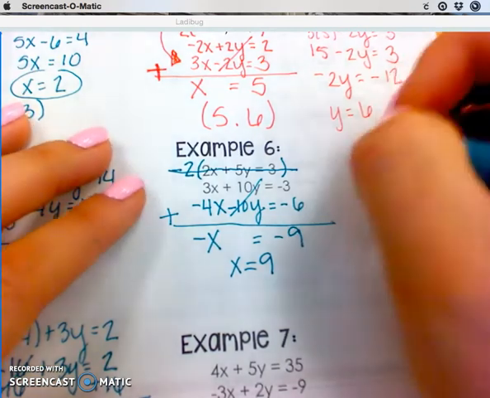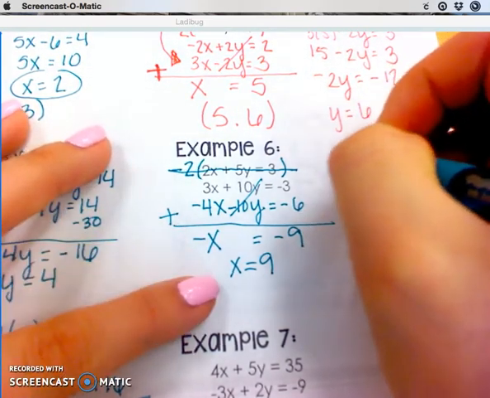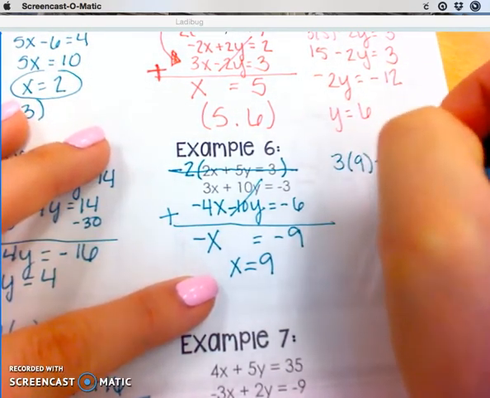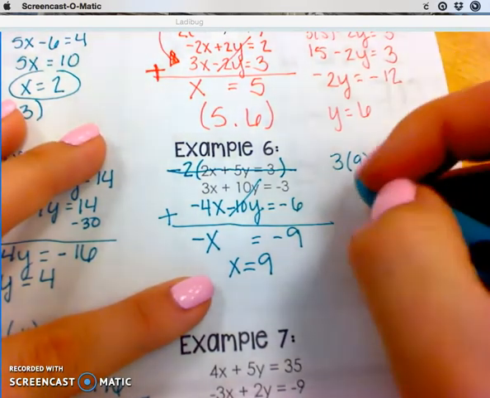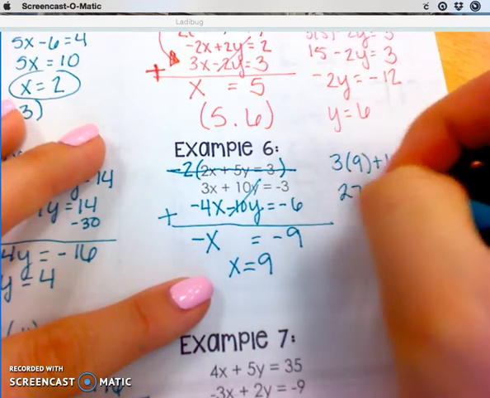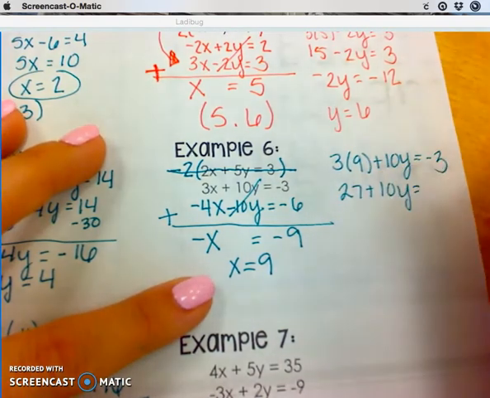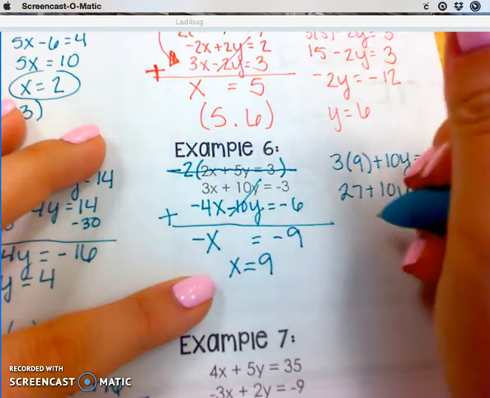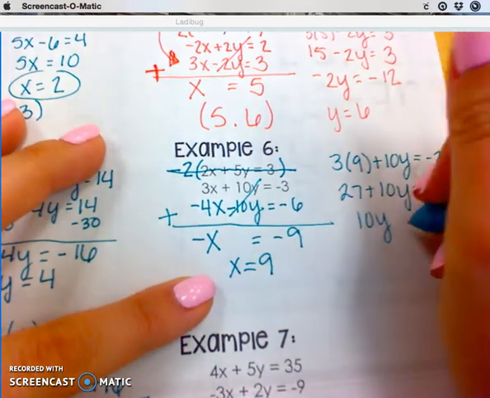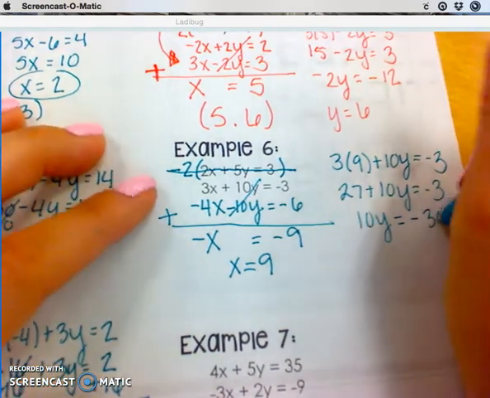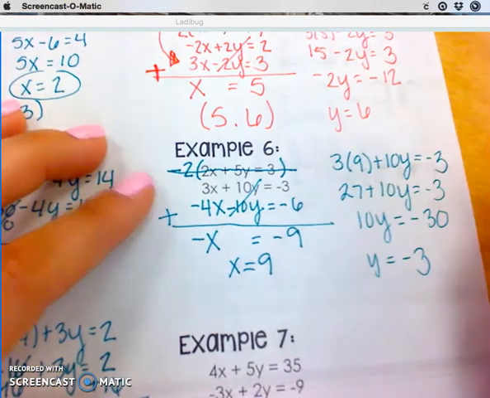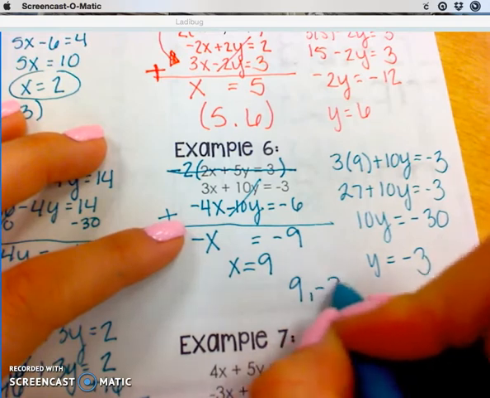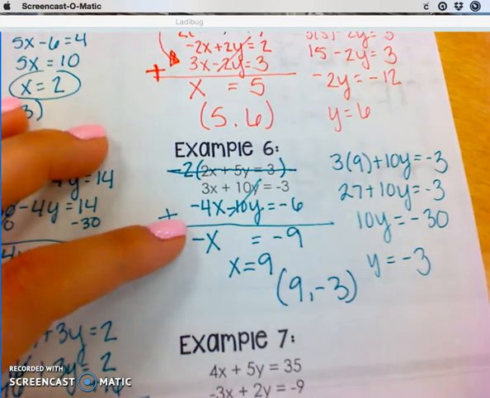Let's plug it into the second one. 3 times 9 plus 10y is negative 3. So I have 27 plus 10y is negative 3. Subtract 27. 10y is negative 30. Y is negative 3. 9, negative 3 is my solution.